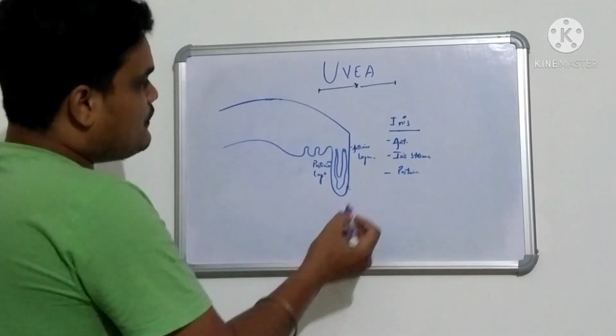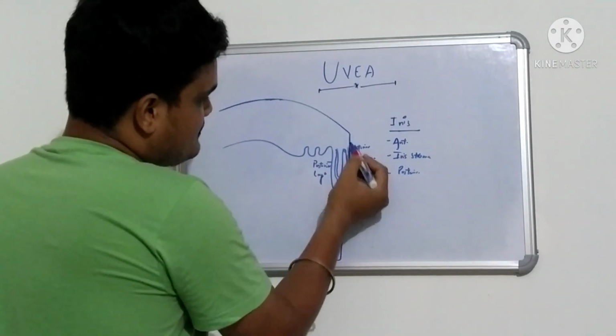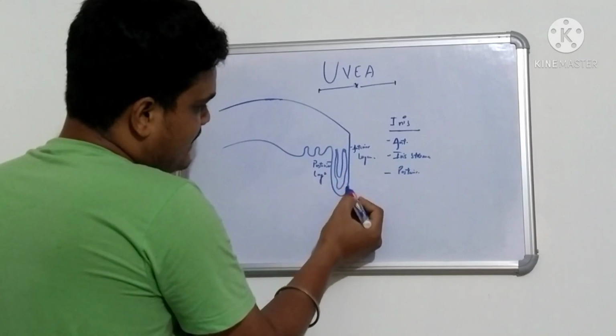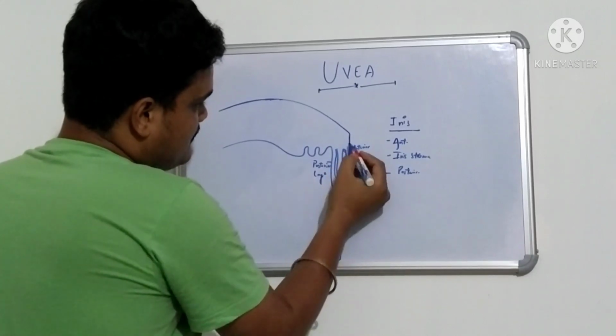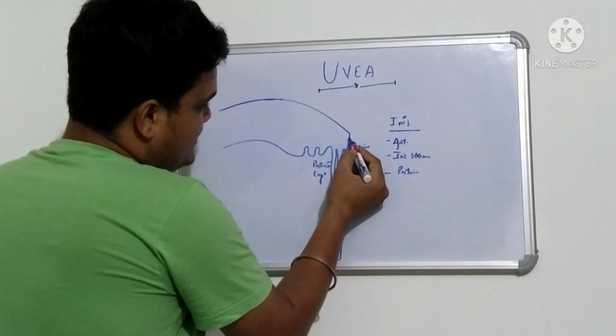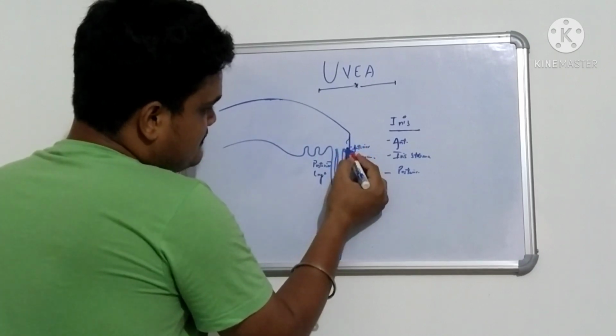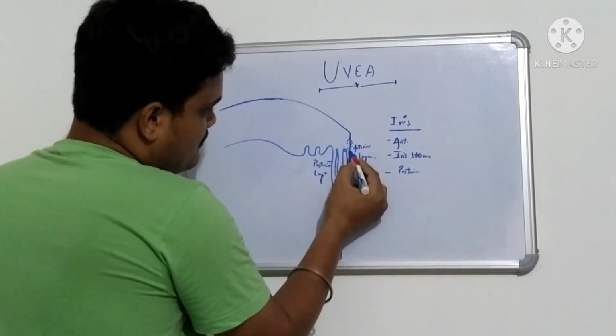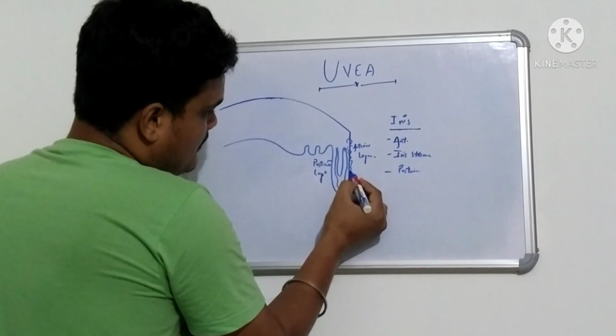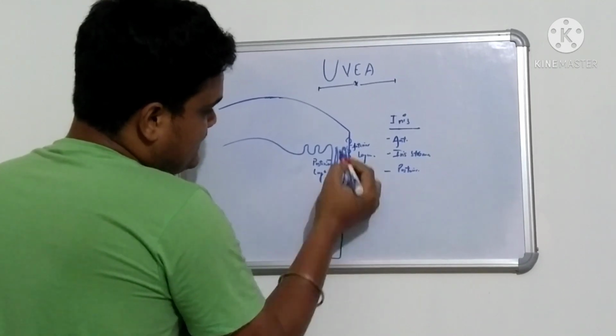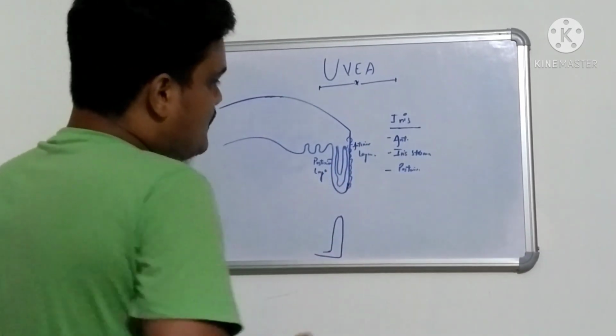The anterior part of the iris has an epithelium, which is a very tightly packed epithelium in the anterior layer.